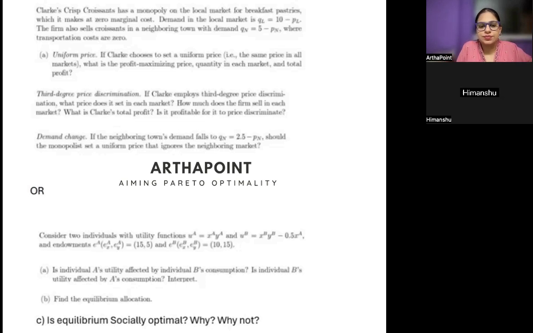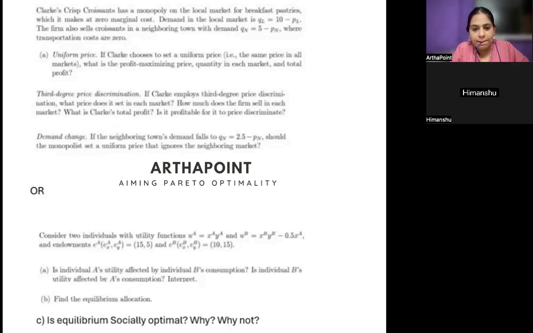For the third degree price discrimination, I'm charging price equal to marginal cost, which is 0 here. Why would we charge price as marginal cost? This is third degree price discrimination.